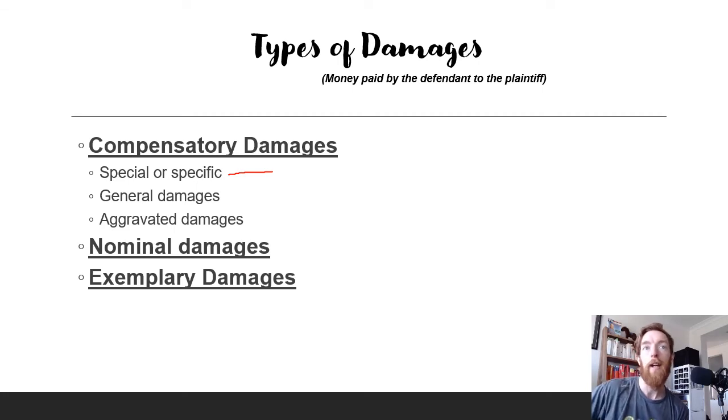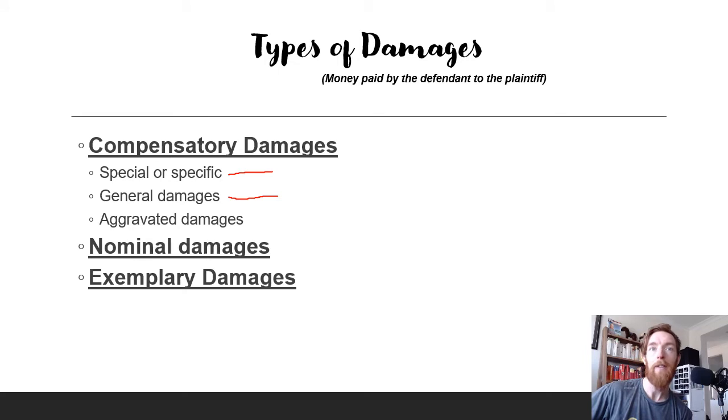General damages are pretty much like what they've said, they're general. They are things that can't be quantified. It's things like loss of enjoyment of life and the mental impacts of the damages. So sometimes you will give damages for the fact that they've been mentally impaired by whatever wrong has been done to them, and that will fall under general damages.